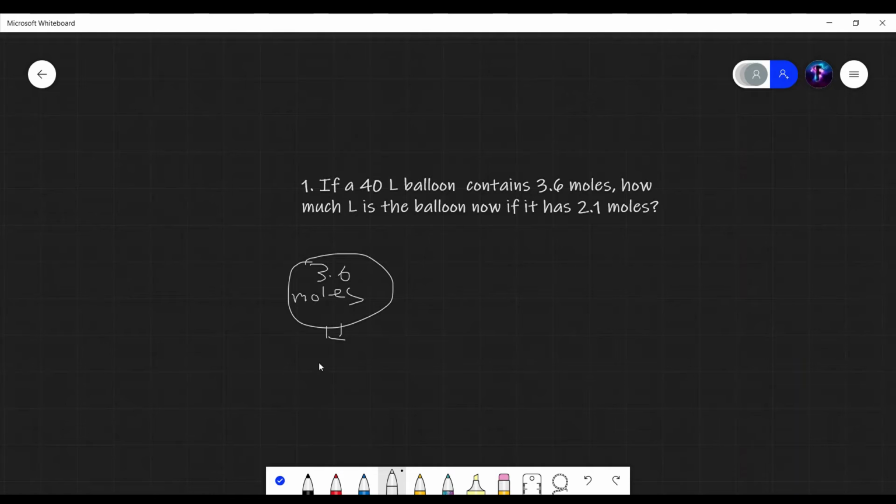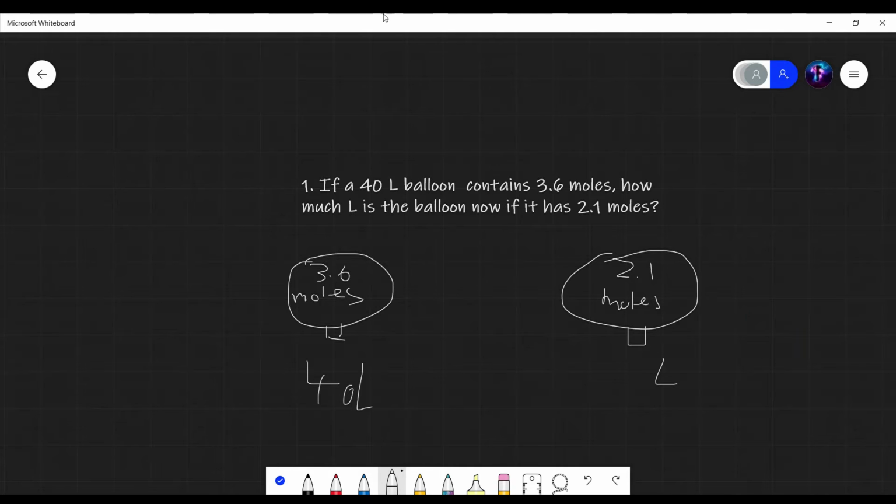And this one, we're solving, has 2.1 moles and an unknown value of liters. So how can we find the liters?